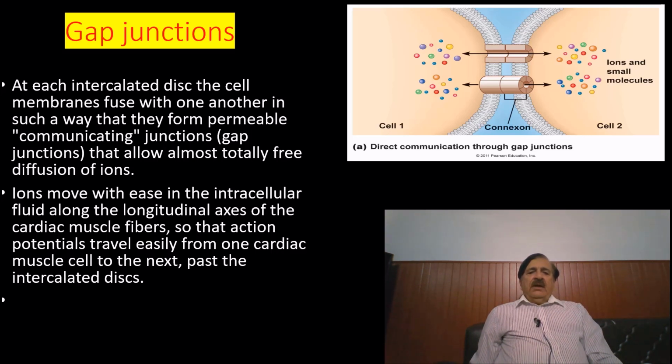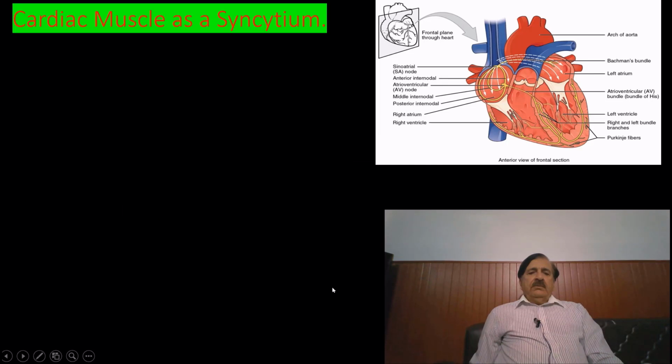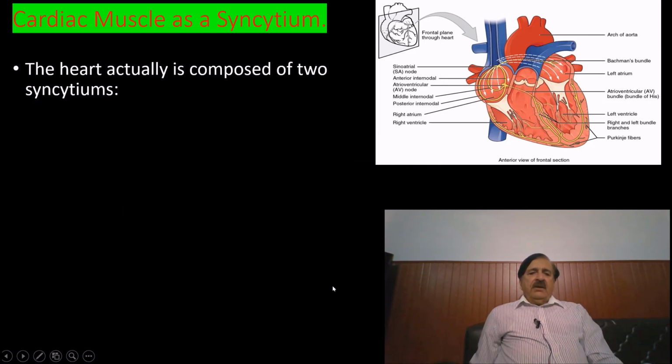So these gap junctions allow the flow of ions from one cell to the other cell along the longitudinal axis of the cardiac muscle cells, and in this way one cell shares its information with the other.